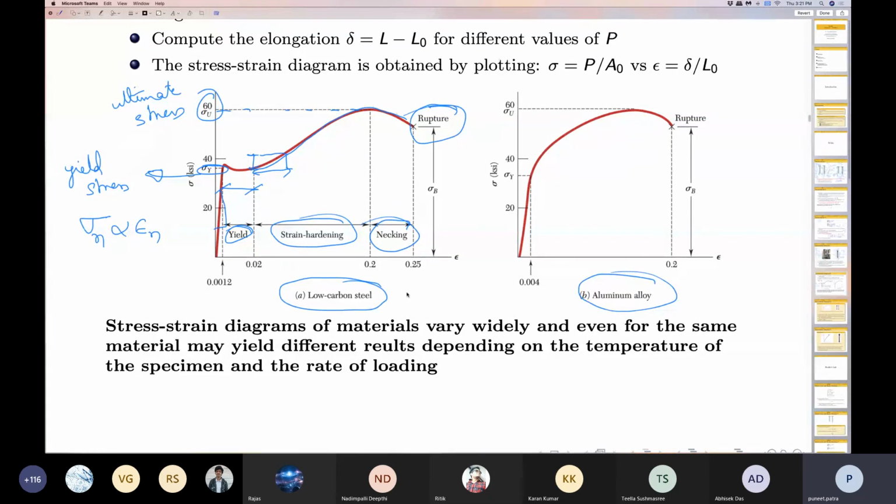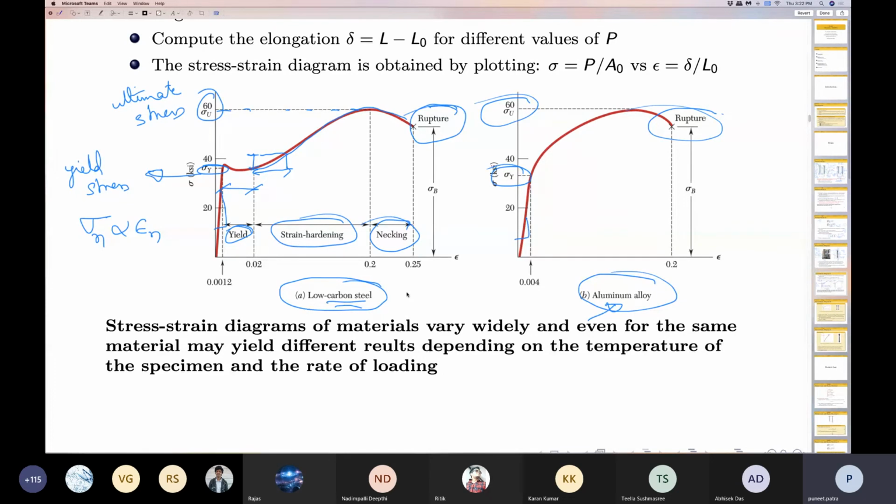Similar features can also be observed in an aluminium alloy, but not in as beautiful detail as we observe in the low carbon steel. In aluminium alloy, we have initially sigma proportional to epsilon, we have a sigma y, we have ultimate stress, but the clear-cut distinction of a strain hardening region is relatively absent here. We also have the rupture, which is the rupture stress.